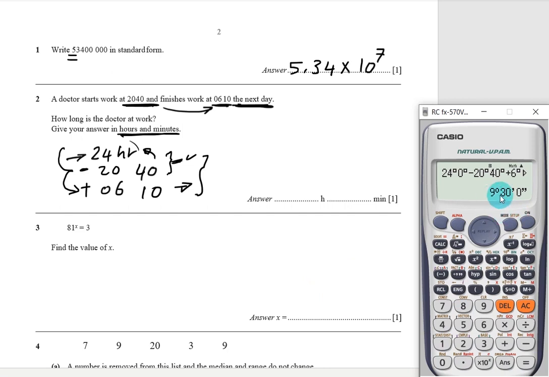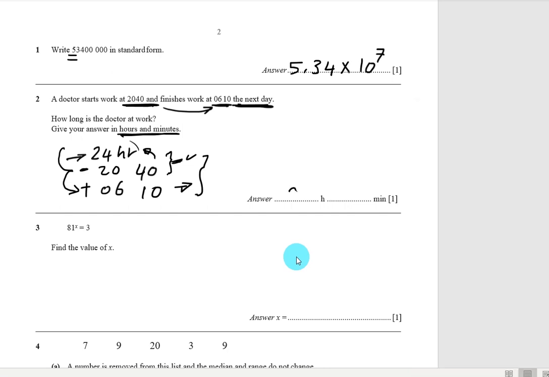He stays at his work 9 hours and 30 minutes. So we go here and write 9 hours and 30 minutes.